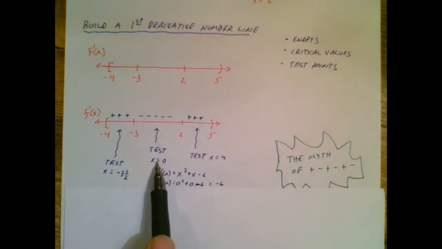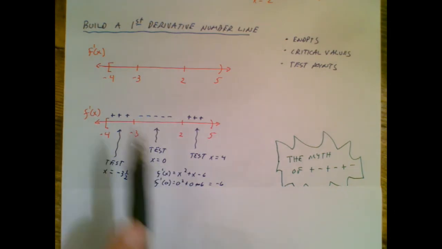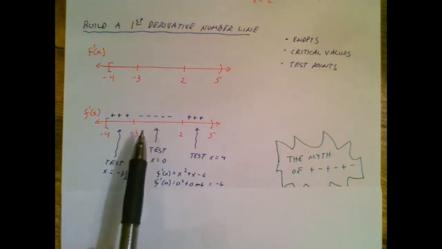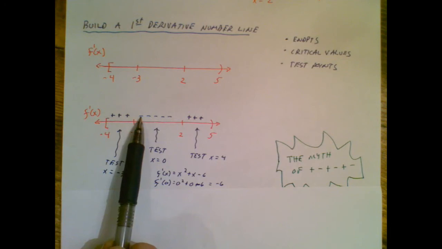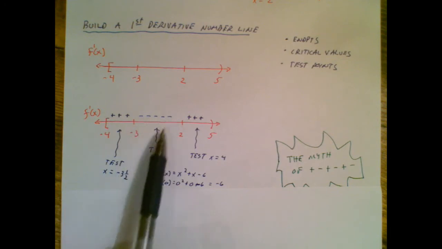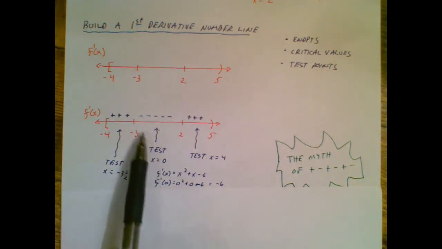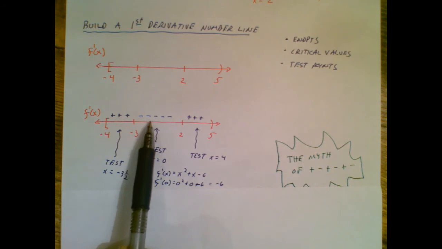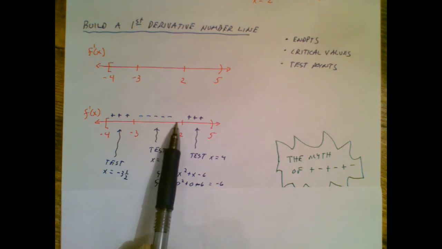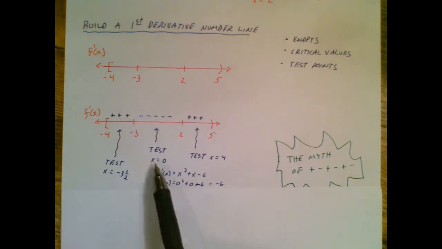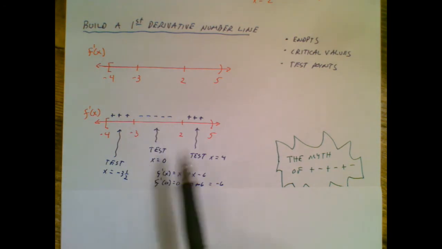When I plugged a 0 into my first derivative, I got out a -6. All I care about is the plus or minus sign, so I put a minus sign in this interval. Now I tested x equals 0 and I got a negative, but what this is telling me is any x value that I choose within here, if I plugged it into my derivative, I would get out a negative. I just so happen to work with x equals 0.